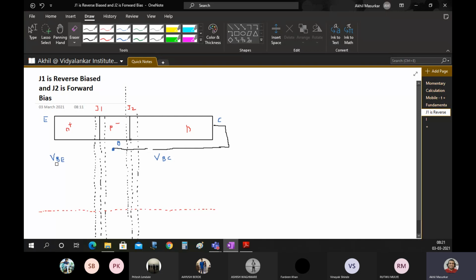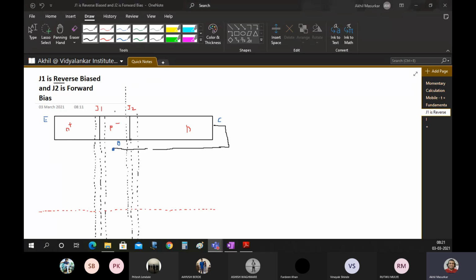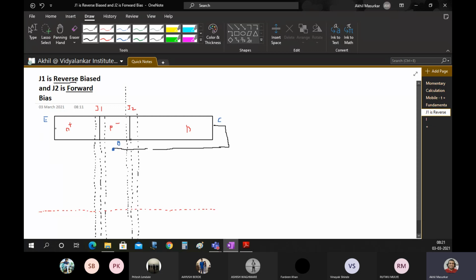So this VBE and VBC will also change. Now I want J1 to be reverse biased and J2 to be forward biased. So how will I do that? J1 is to be reverse biased.